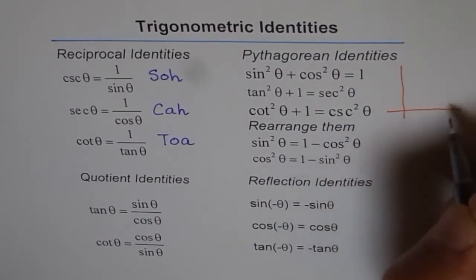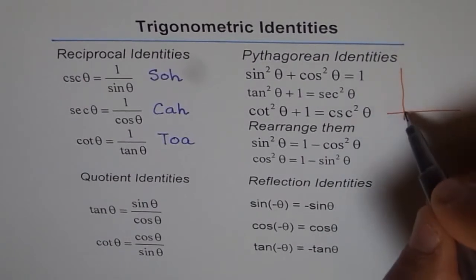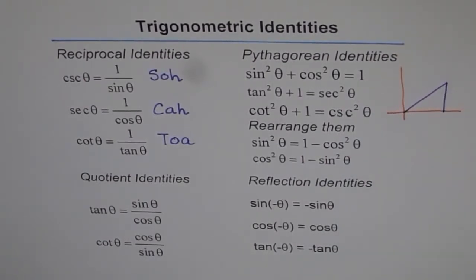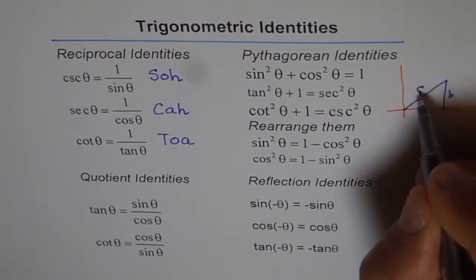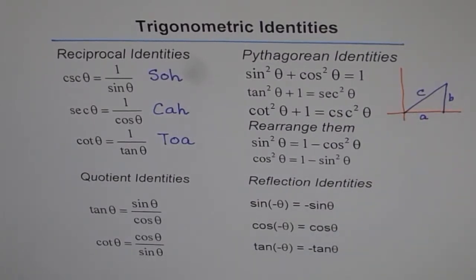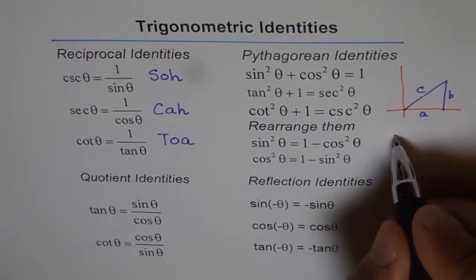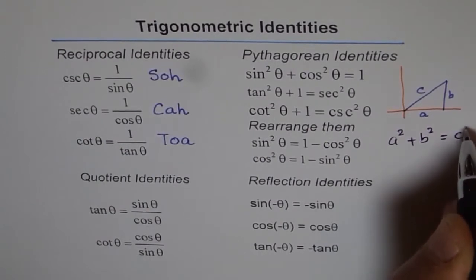Let's say this is our coordinate system, and in this coordinate system I'll make a right triangle like this, correct? And let us say this is a, b, and c, the 3 sides. Then I will prove this by using the basic Pythagorean relation, which is a squared plus b squared equals c squared, right?